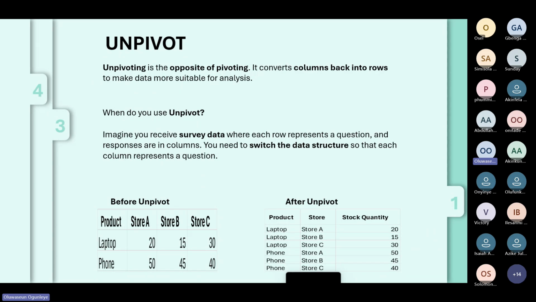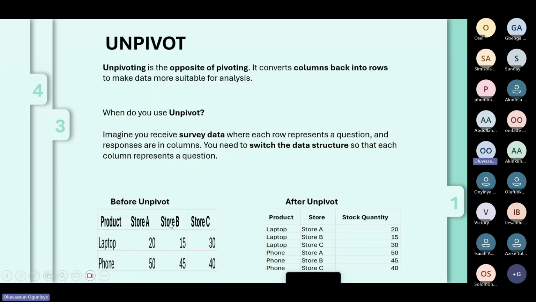So for this example, before we unpivot, we have products. Under products, we have laptop, then phone. The next one, we have store A. Under store A, we have 20, then 50, right?